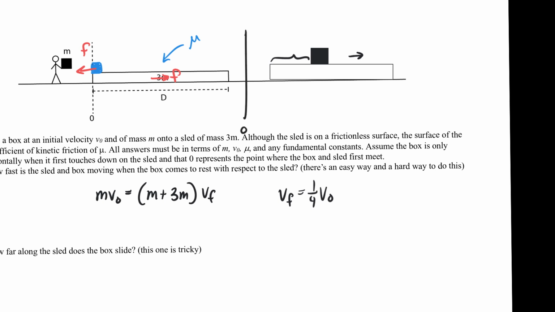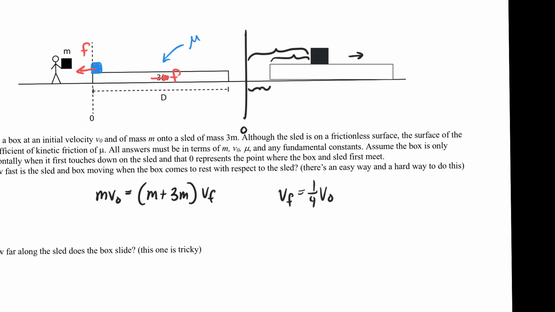And the sled has shifted a little bit to the right, and the box has shifted a little bit to the right. And let's assume the box hit the sled at 0. Everybody following? During that time, the sled moved and the box moved different distances from 0. You guys understanding what I'm saying?